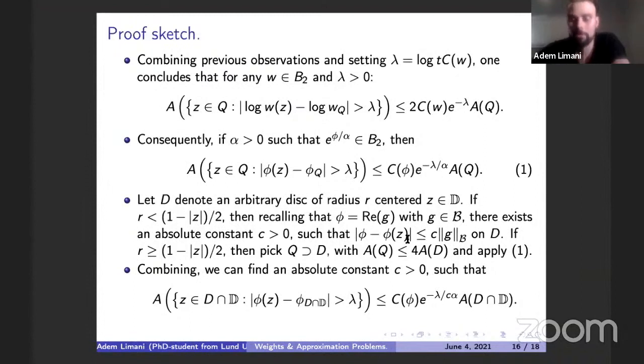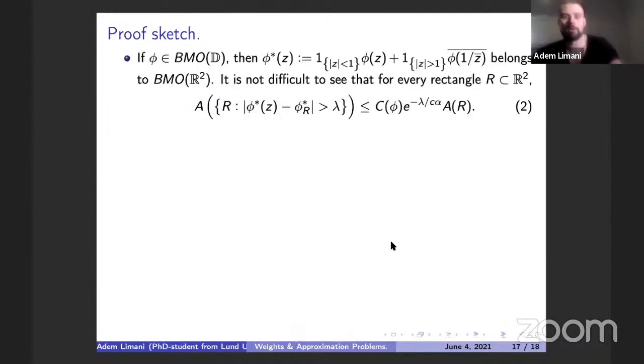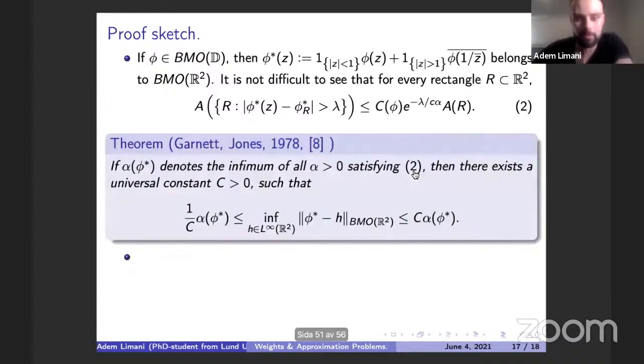Now to the final stage. Using this, we make the following observation, that a function in BMO can be extended to a function in BMO of R2 by simple reflection. From that, one could derive this distribution inequality. Again, C phi is another constant that is possibly changing.